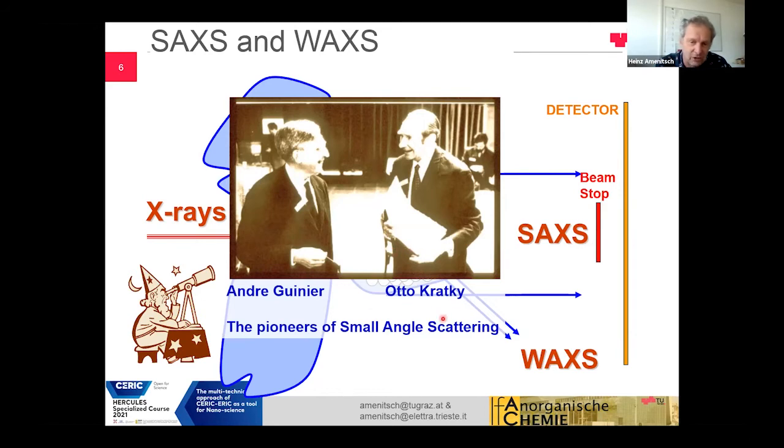Otto Kratky, Günther Porod and many others, Otto Glatter, were working in Graz, so Austria still has a very prominent role in small-angle X-ray scattering, due to this school founded by Otto Kratky. This is why you will learn about the Graz school.